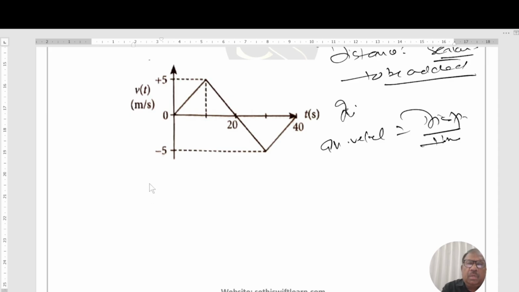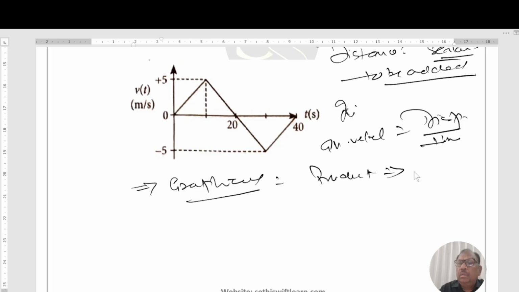Now, the given question is graphical. Graphical concepts are: if product, then area; if ratio, then slope. These are the concepts to be used.